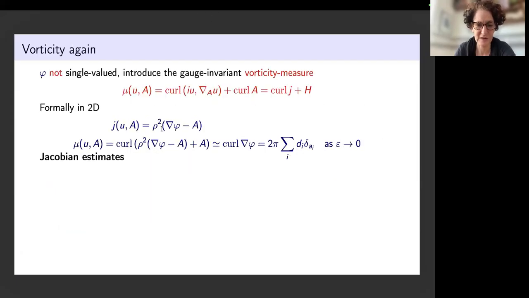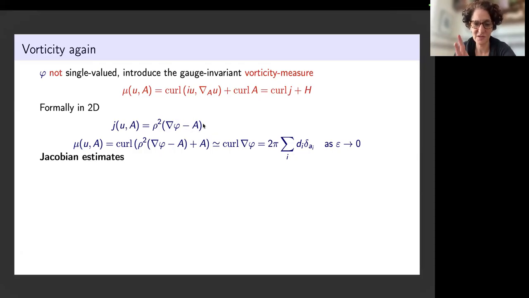Thanks for the question. Okay, so to see what the current does, we're going to do it, again, in this trigonometric or phase-modulus representation. So J, you can just read it as rho squared times grad phi minus A. So here A is the gauge.